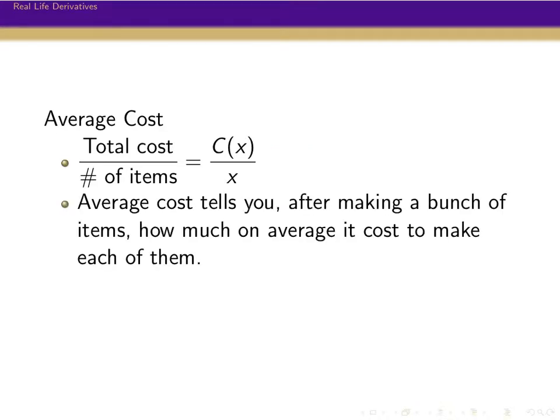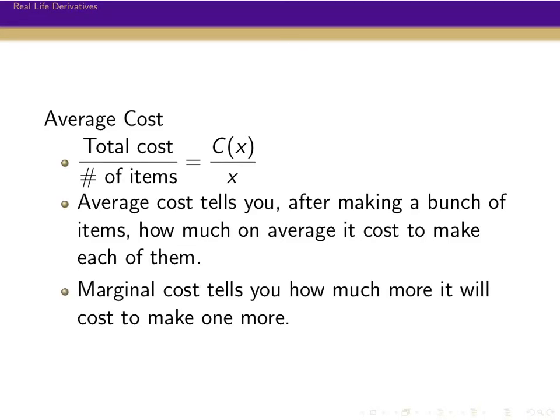Okay. So what does average cost tell you? Well, for average cost, it's like after you make a bunch of stuff, you take how much it costs to make that and divide by the number of things you get. That's your average cost. So it's how much on average it costs to make each one of those. How is that different than marginal cost?